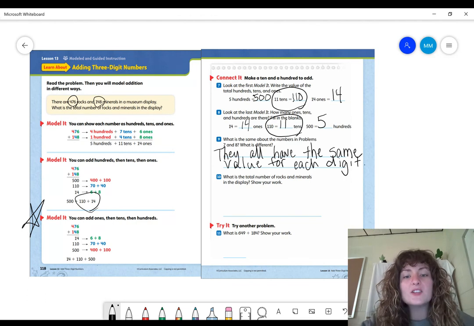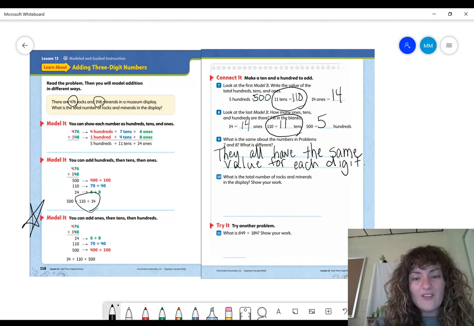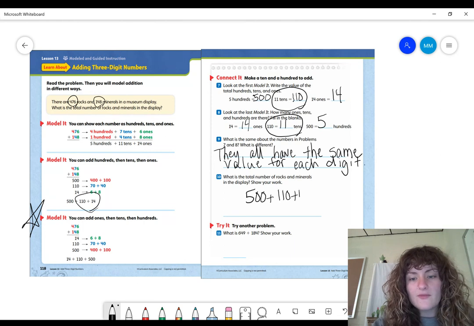It says, what is the total number of rocks and minerals in the display? Show your work. So now they want us to put all of it together. They want us to find 500 plus 110 plus 14. Here's what we are going to do. We are going to show 500 plus 110 plus 14.